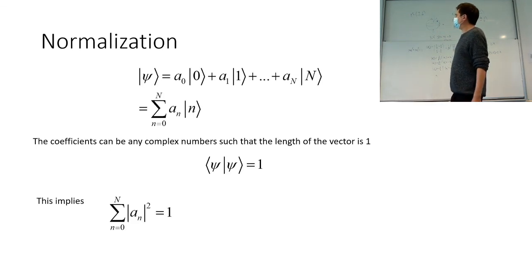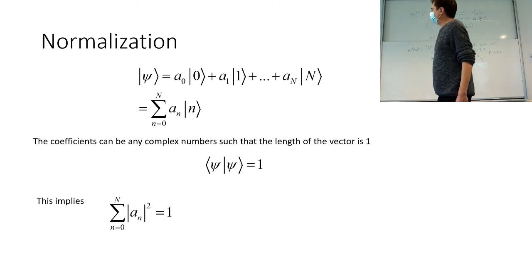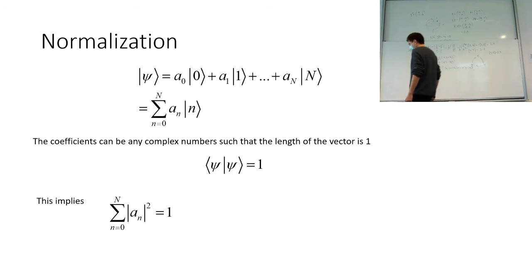Okay. This is the point Danny was raising, that whenever we have this general superposition state, these coefficients can be any complex numbers, but you need to have the norm of this vector equal to 1.